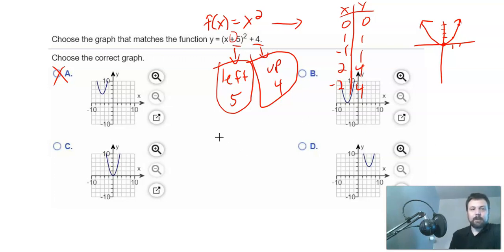Let's use a different number than 5. So if I have y equals (x minus 2) squared, that's a minus 2 here.